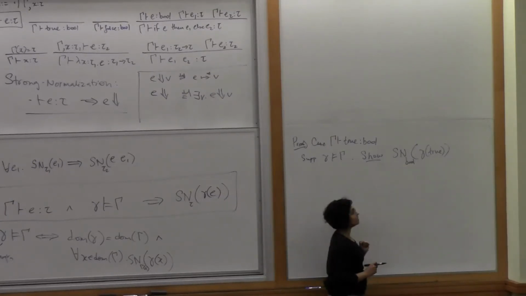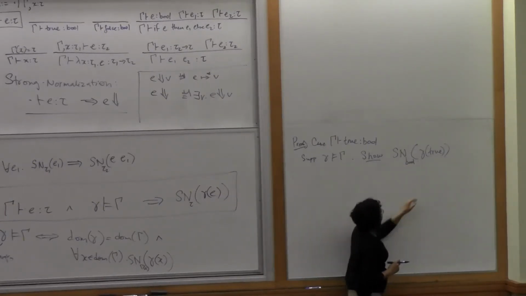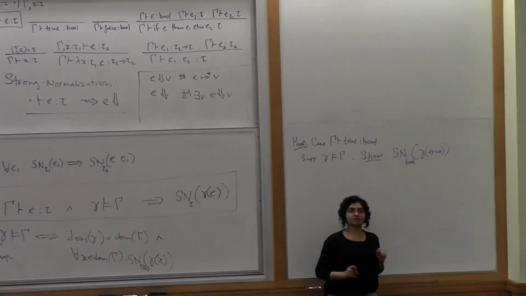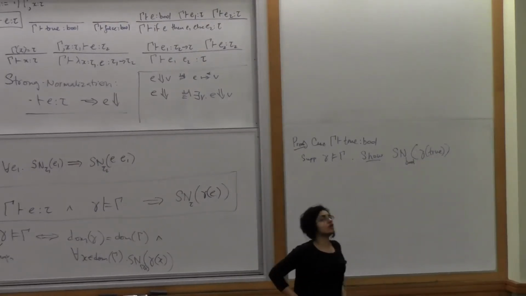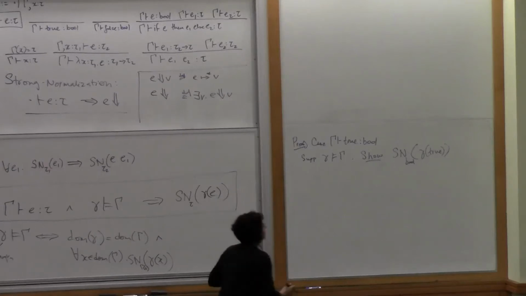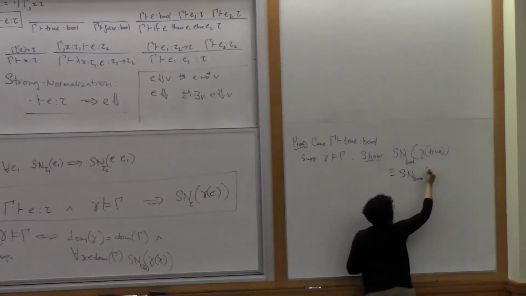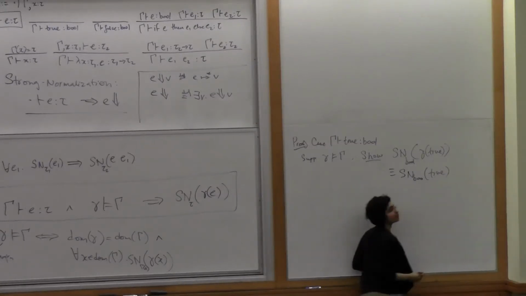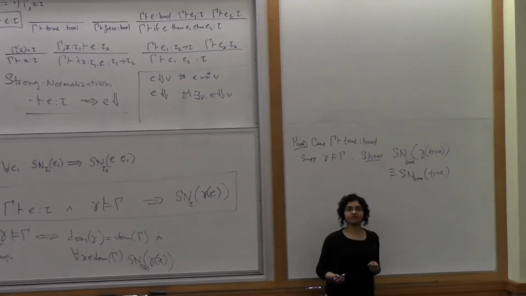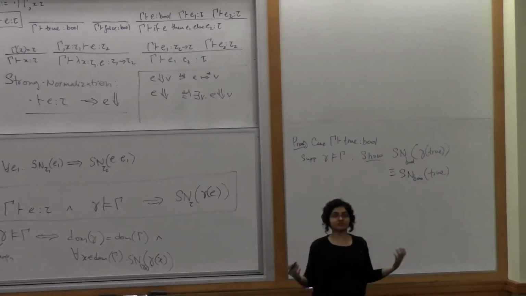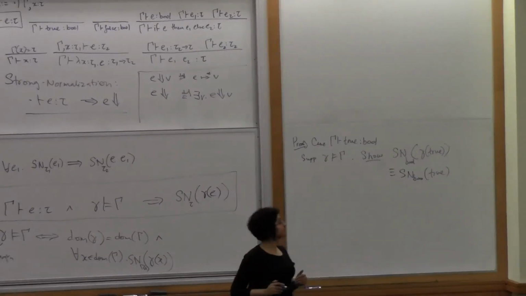So we want to show that gamma applied to true belongs to the set Sn at type bool. First, let's note that this is equivalent to showing that true belongs to Sn at bool, because true doesn't have any free variables. Just by definition of substitution, those two things are equivalent.